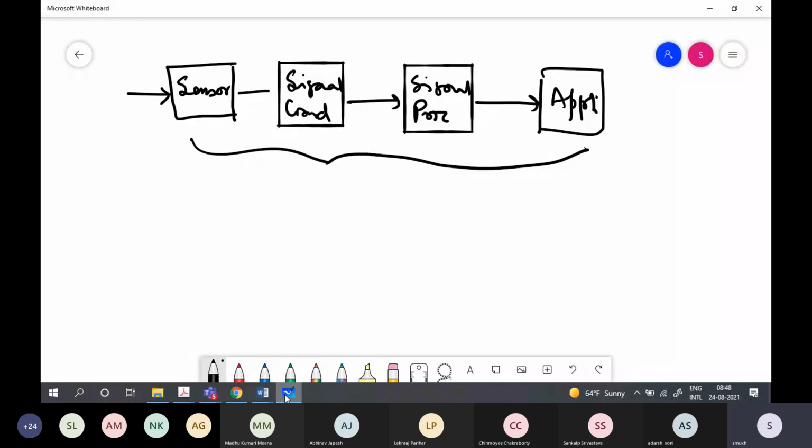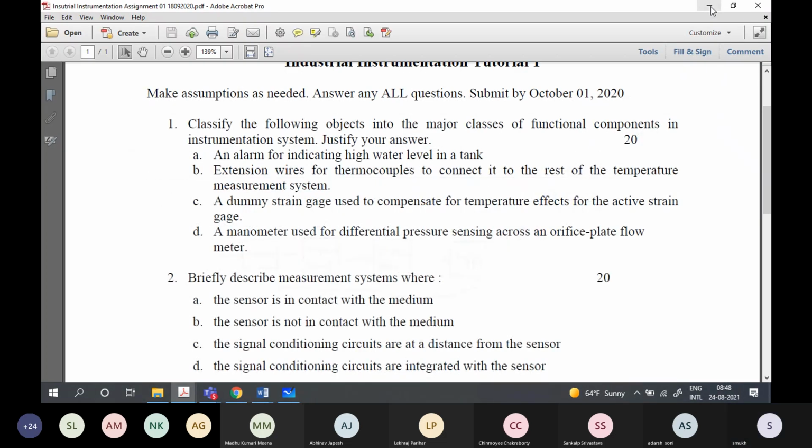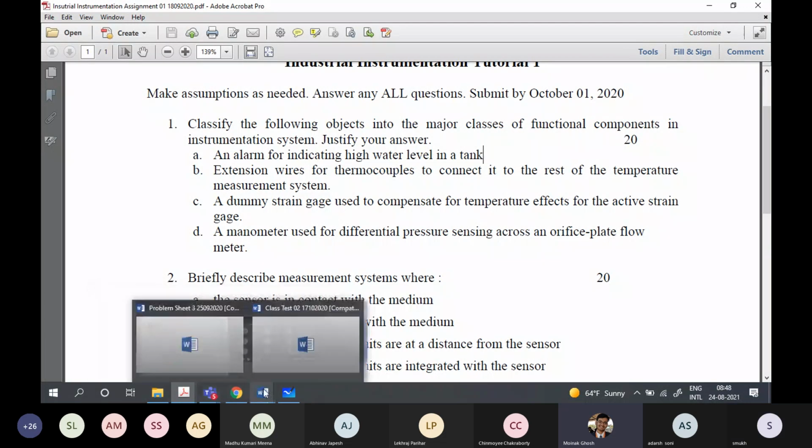So the question is this. This is an instrumentation system, obviously. So what is this alarm, which block is it? It's a very... Sir, I guess alarm is not part of any of these.